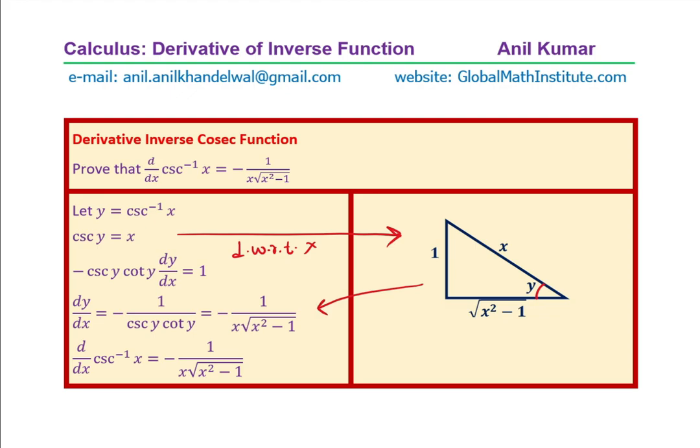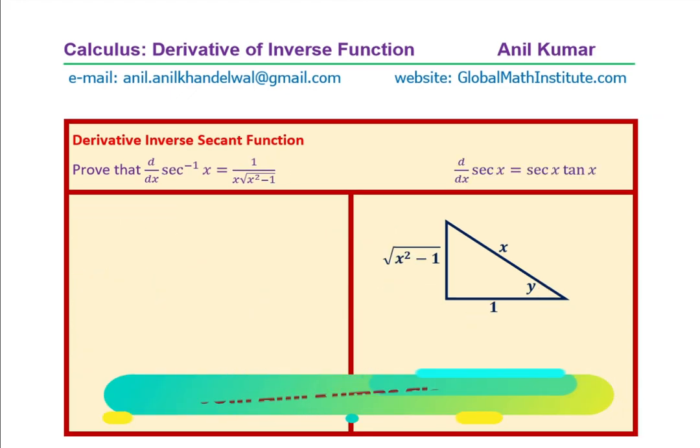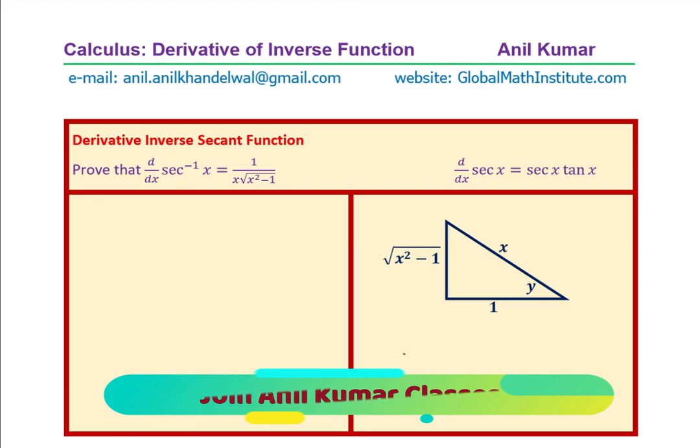Perfect. That becomes our strategy to find the derivative of any inverse function. Now let's look into secant. So following the same steps, you could write y equals secant inverse x. So we have secant y equals x. Differentiate with respect to x on both sides.